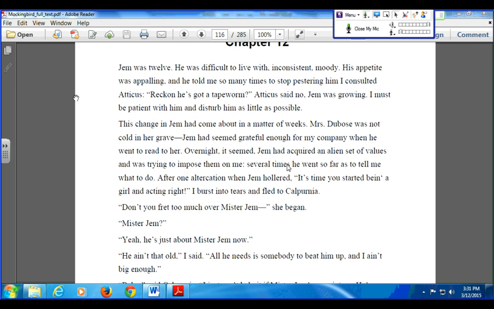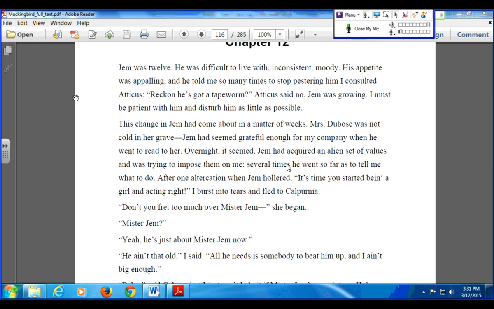This change in Jem had come about in a matter of weeks. Mrs. Dubose was not cold in her grave. Jem had seemed grateful enough for my company when he read to her. Overnight, it seemed, Jem had acquired an alien set of values and was trying to impose them on me. Several times he went so far as to tell me what to do. After an altercation, Jem said, it's time you started being a girl and acting right. I burst into tears and fled to Calpurnia.